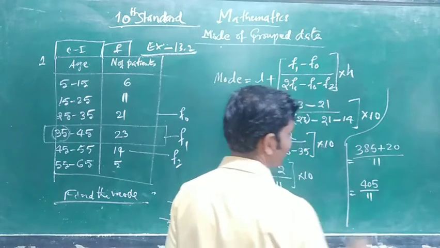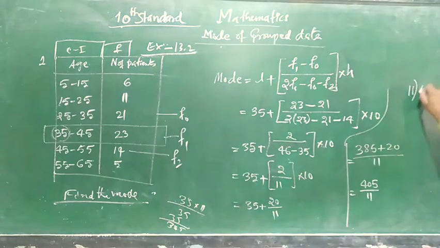11 into 405: 33, then 6, then 0, 8, then 0, 11, then 0, 8.